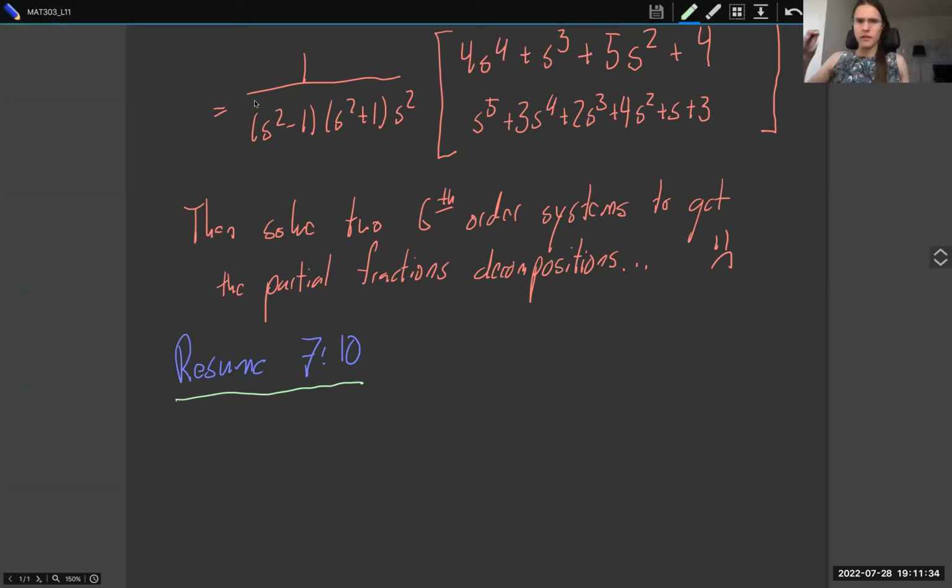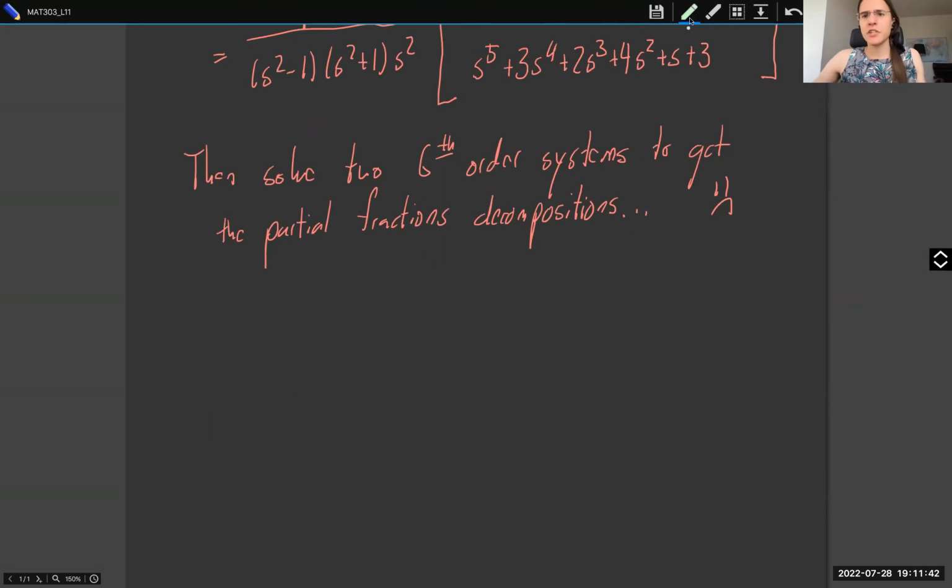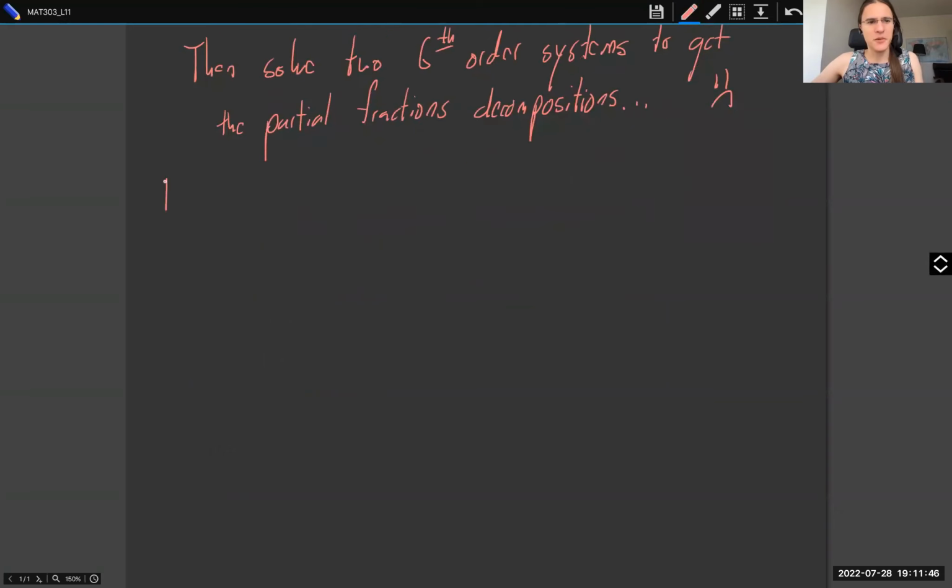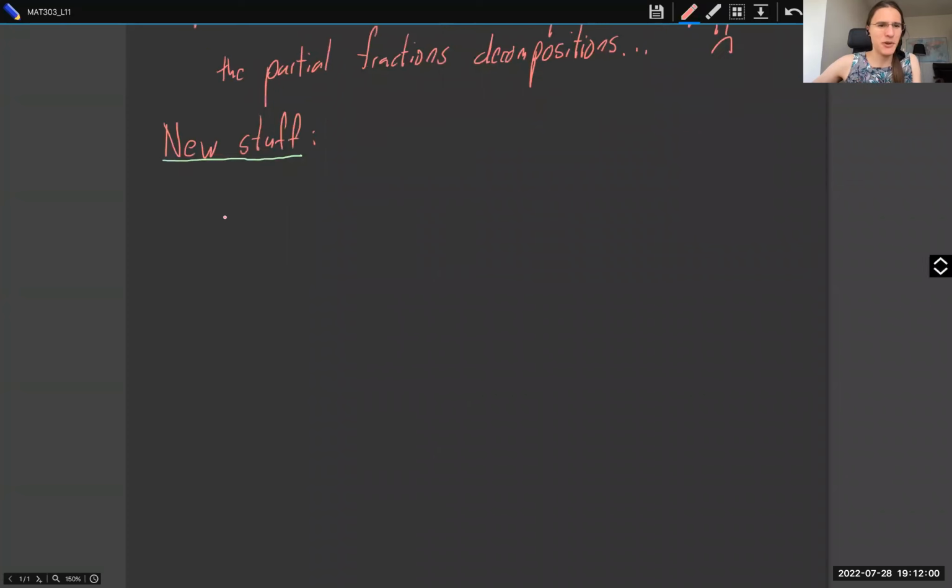Whoops, okay, here we are. So now we're actually going to do some genuinely new stuff in terms of what we were able to solve. So I'm going to consider the following system of equations.